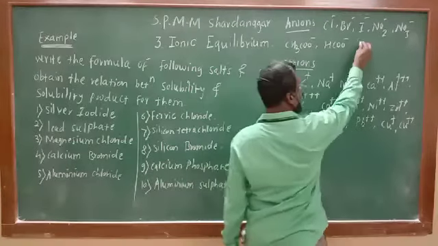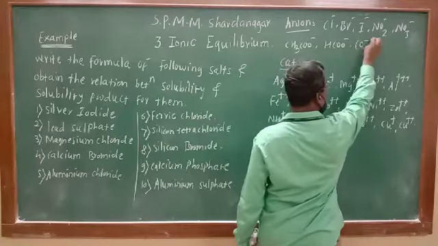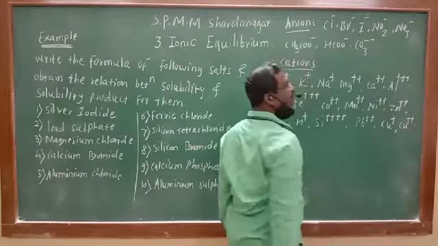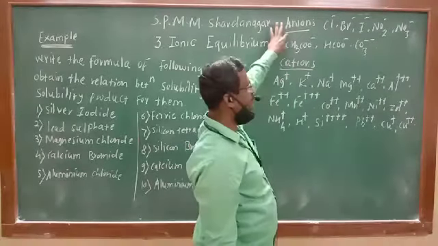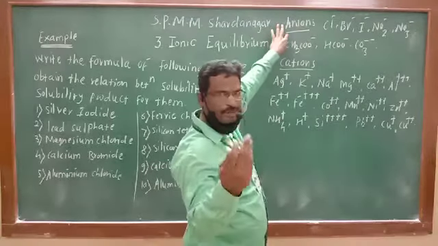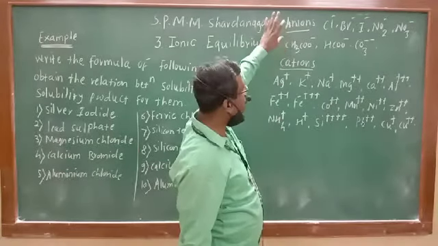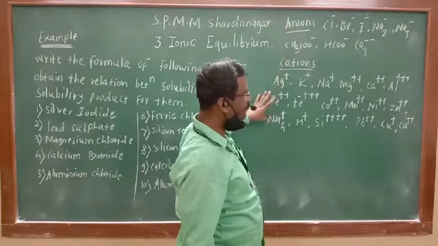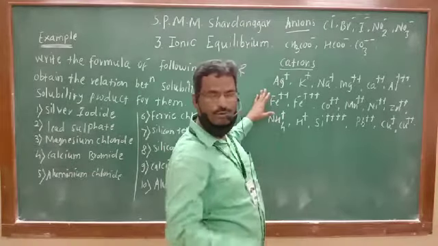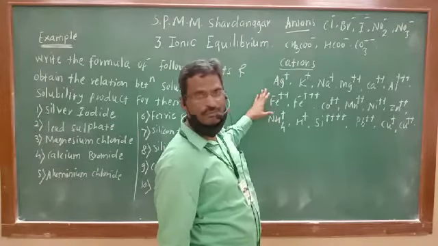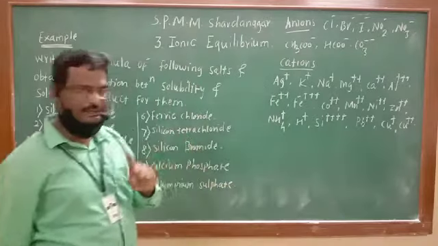Then carbonate, CO3 2-. These are certain anions which you are familiar with. Now using these anions and cations, we must know how to write the molecular formula of any salt.